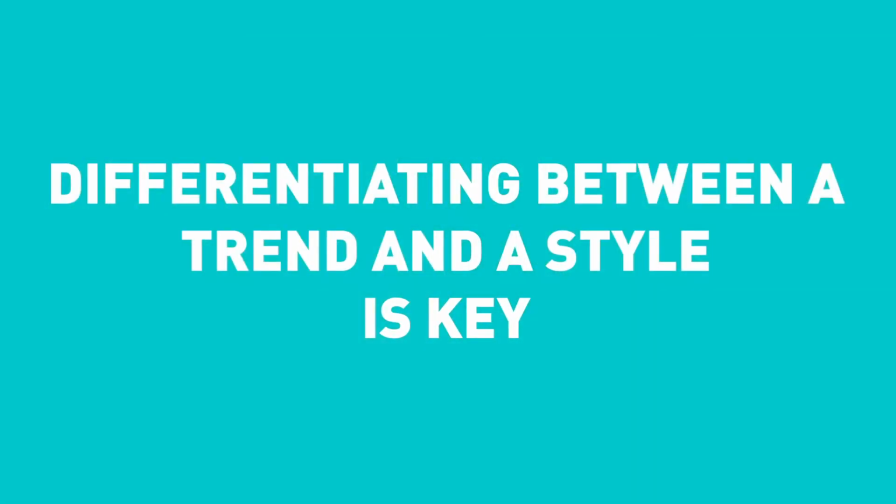Yep. So for both parts, you have to differentiate between a trend and a style, because some brands do not always follow trends, or at least don't follow them in the most apparent way. Even as we've gone through crazy pop color phases and crazy neon phases, you don't see all brands imitating that.